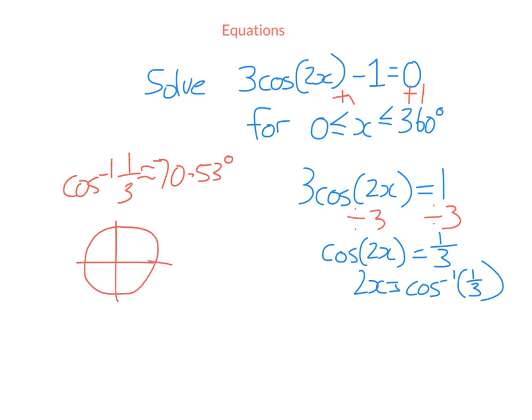What this tells me is that if I draw a triangle like this, and that angle there is 70.53 degrees, then at this point here, the x-coordinate will be a third. We don't really care what the y-coordinate will be because we're only interested in cos.